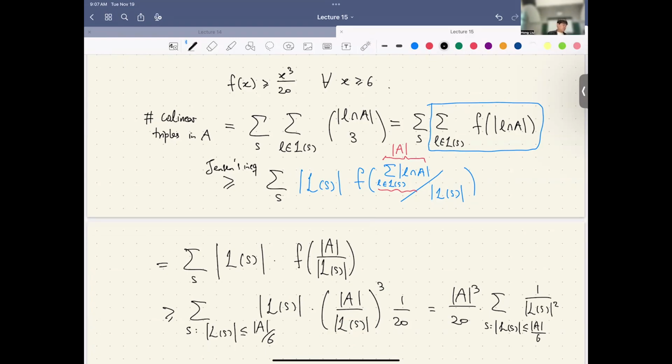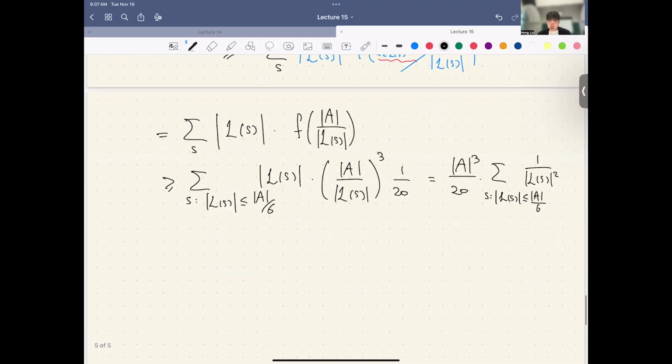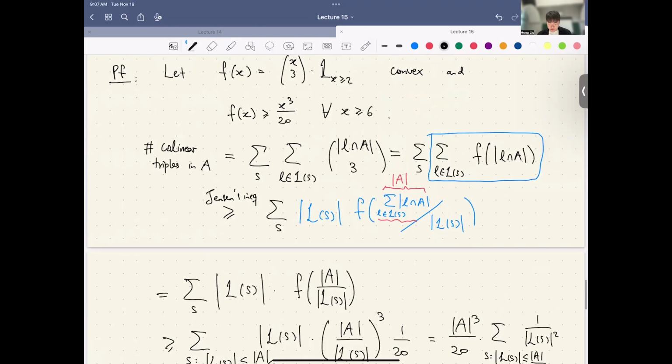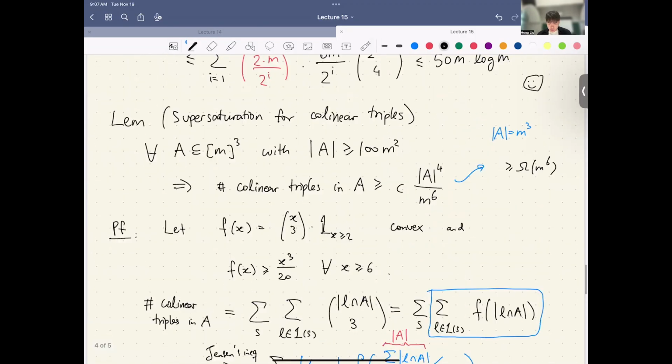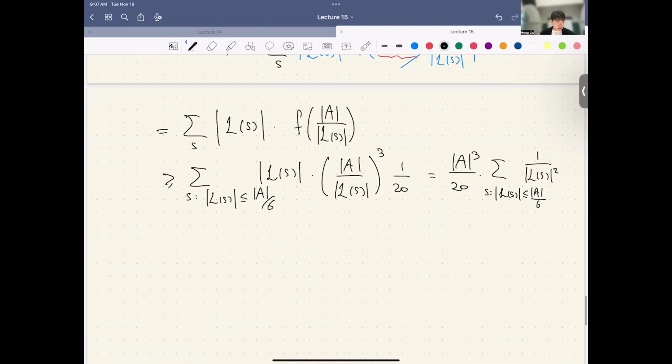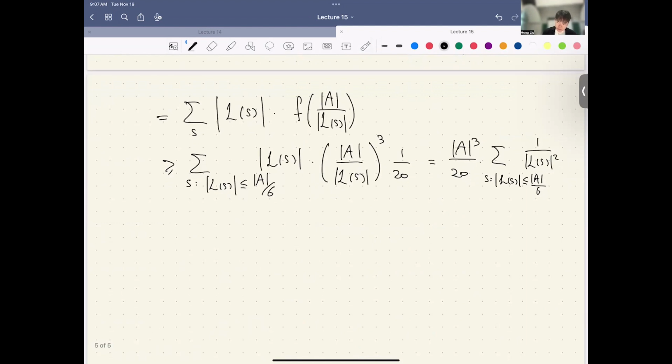Now, the final step, we're going to choose our K cleverly. We're going to choose K to be some constant over A. Why do we choose this K?